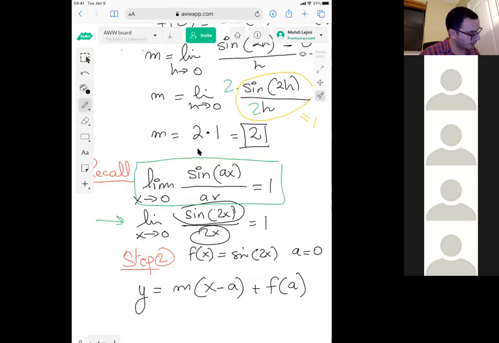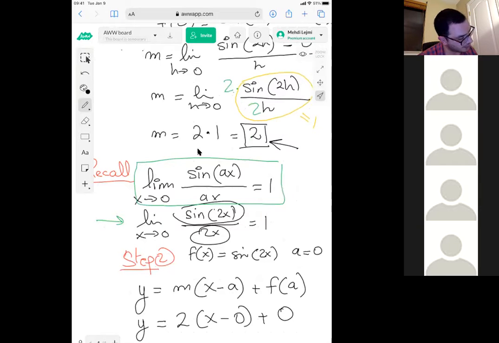So y equals m, and m is 2, from step 1, times x minus a, which is 0, plus f of a. That's the sine of 2 times 0, which is sine of 0, which is 0. So f of 0 is just 0.